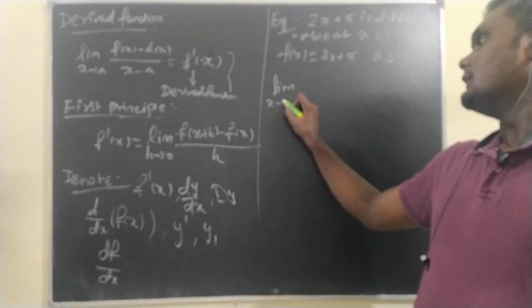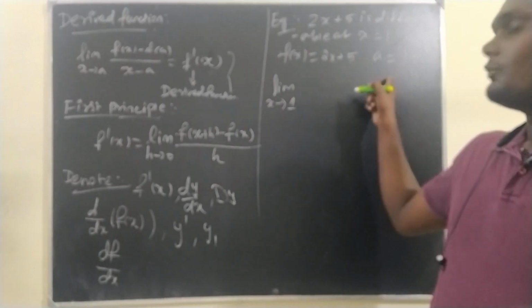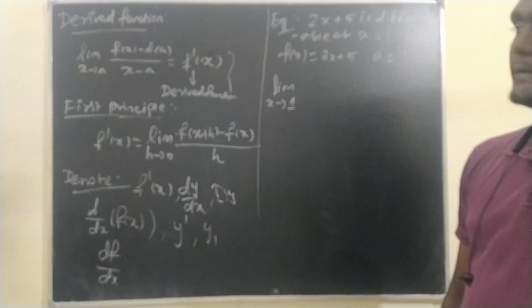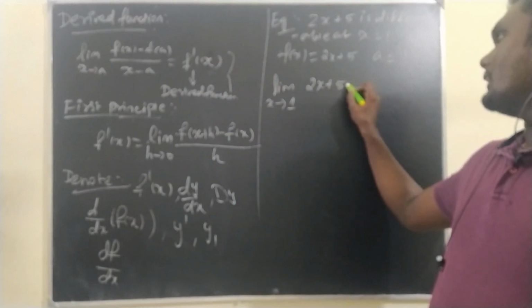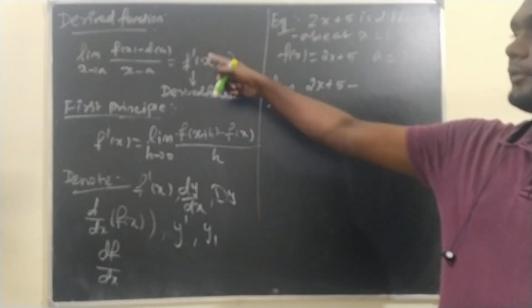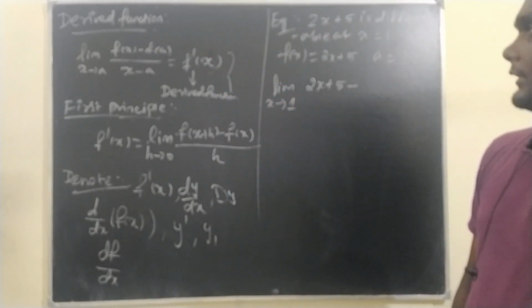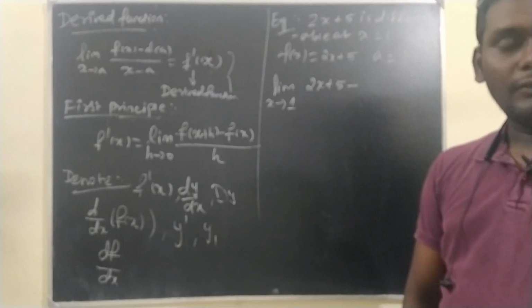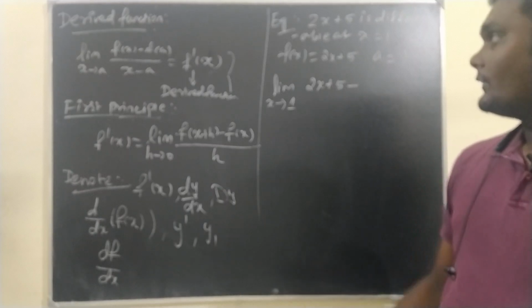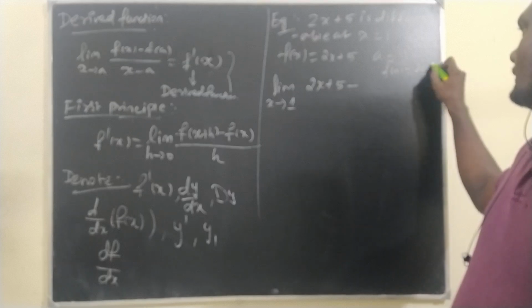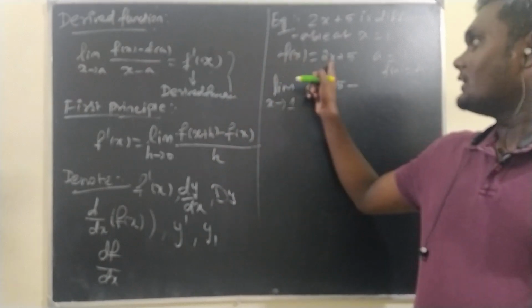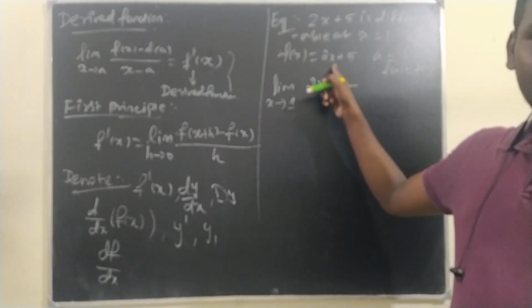Limit x tends to 1. a means 1. Which point it approaches? f of x is 2x plus 5, minus f of a. f of a means what? Right. f of a, f of 1, which means in this you have to substitute 1.